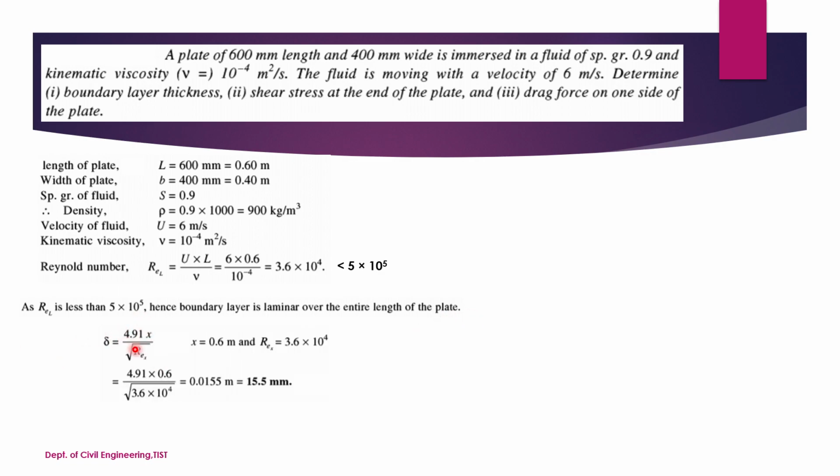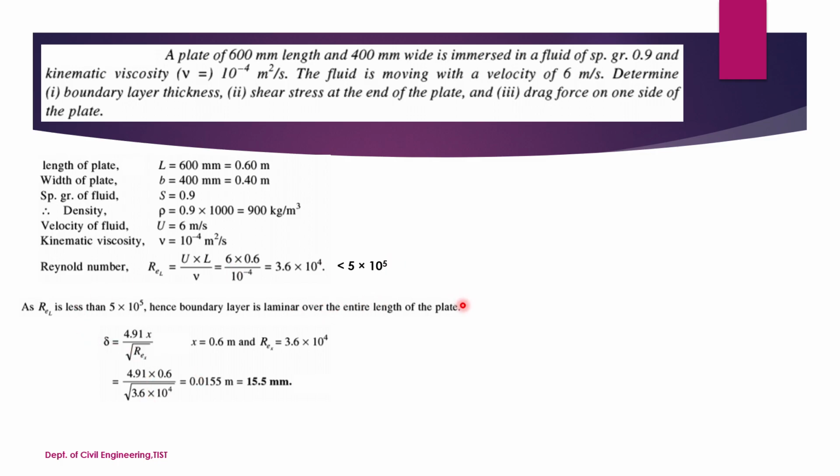So this is the delta equation given by Blasius for laminar boundary layer. Here X is equal to L. See, in the equation, what is X? X is the length of the section that we are considering from the leading edge. So we are finding delta at the end point of the plate.